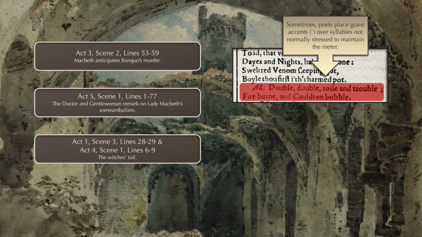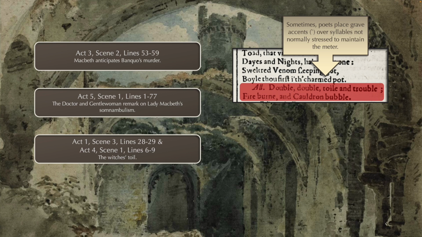So in the 4th line there, they're talking about the toad. Boil thou first in the charmed pot. There's a pretty radical example of syncope there, with the in the being elided together into 1 syllable, i'th. And this is confusing, so the editor of the Oxford Shakespeare decided to put a grave accent over the E in charmed, so that it would be pronounced.